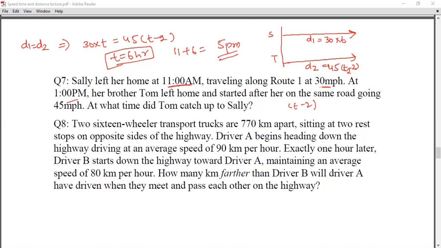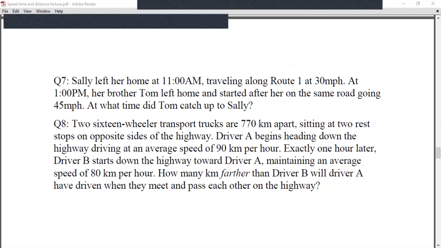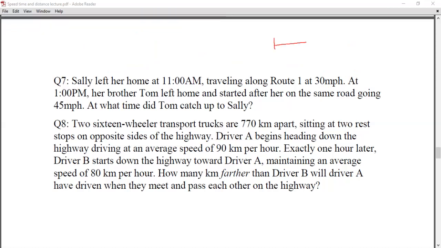The next question that we have here is: two 16-wheeler transport trucks are 770 kilometers apart. So we can again draw the diagram. So this distance is given as 770 kilometers.